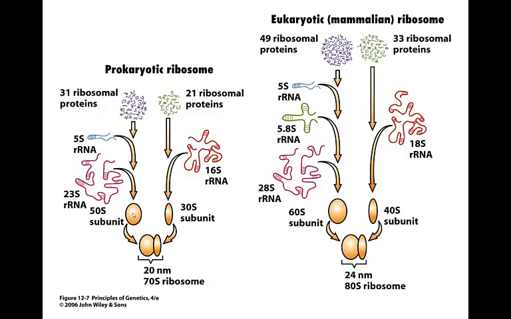So that's what we're going to focus on here. Just want to point out that there are a lot of proteins that go into these complexes, and just several RNAs. So there's two in the large subunit, one in the small subunit in prokaryotes, and then three, an additional RNA in the large subunit in eukaryotes.